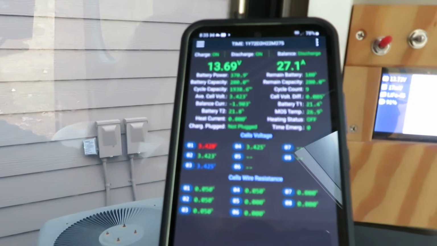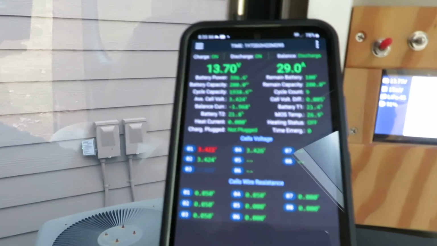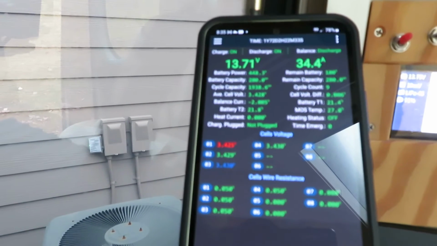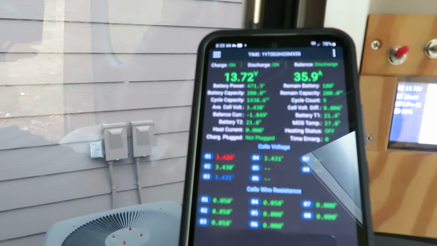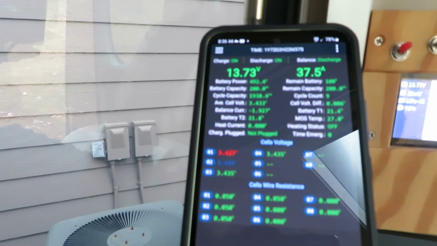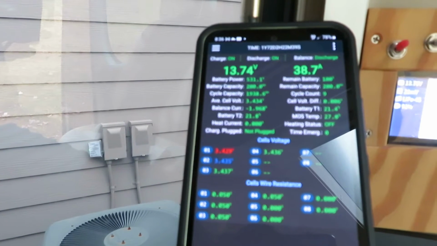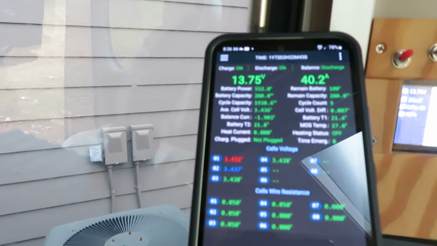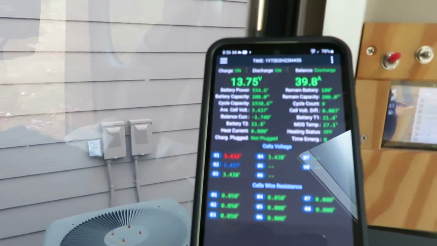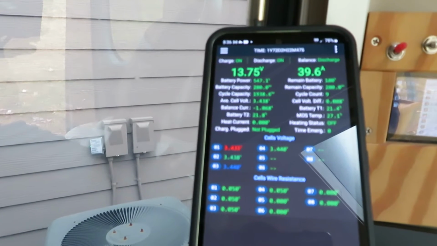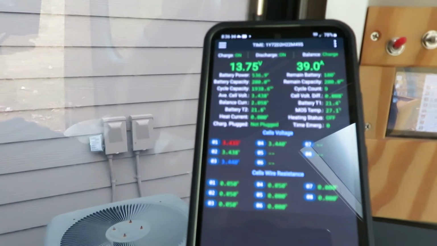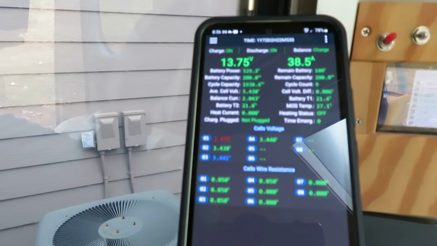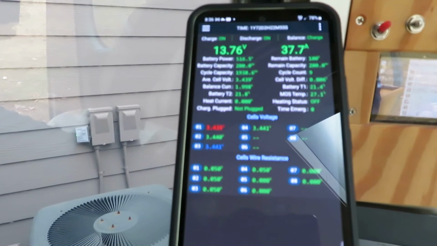Right now the unit is going through a soft start, so it's climbing and charging at higher current. It takes about a minute for the soft start to complete. Now it's charging at about 40 amps, and I believe it is currently bulk charging at 13.9 volt.